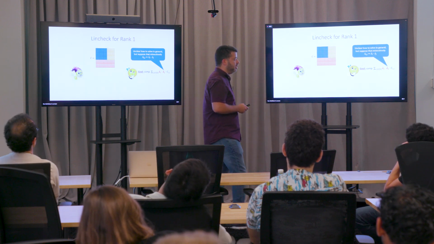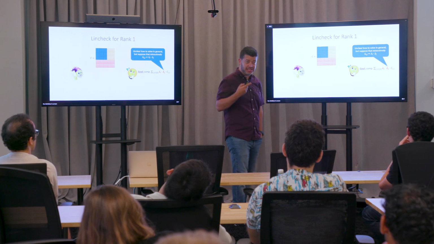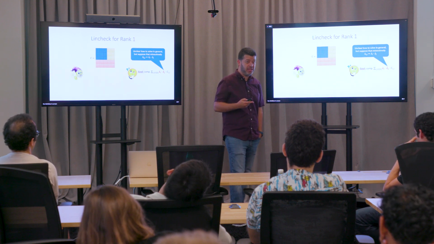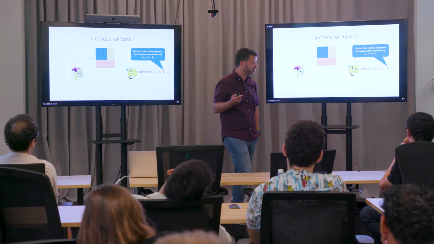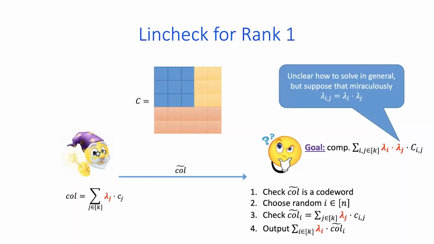Then we're in business, I claim. Why? Basically because the same sum check protocol that I showed you before essentially works. All we need to do is adjust when we're doing this sum over the columns, according to the column coefficients, lambda j. So I've just taken into account the coefficients corresponding to each column.